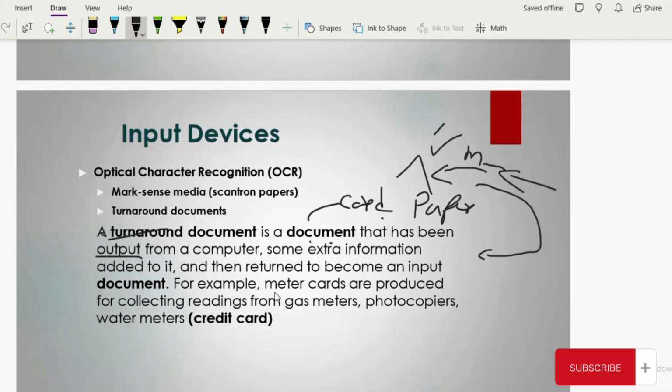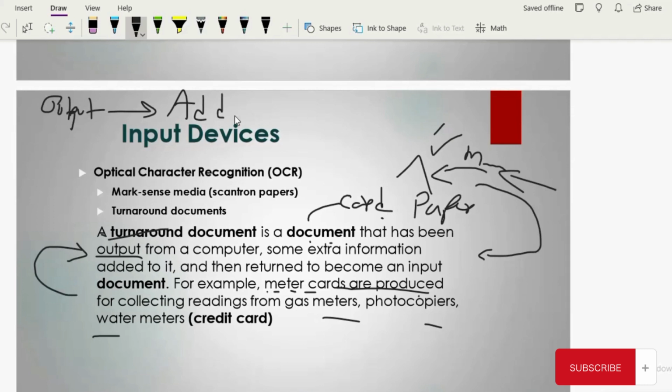Now the meter cards are produced by the system to take the reading from these gas meters or water meters, and when you take the reading, the data is stored in this card, which is returned to the organization where it is taken back into the system. So firstly, we have an output in the form of a document or a device. We add some information into it and it becomes an input for the data.